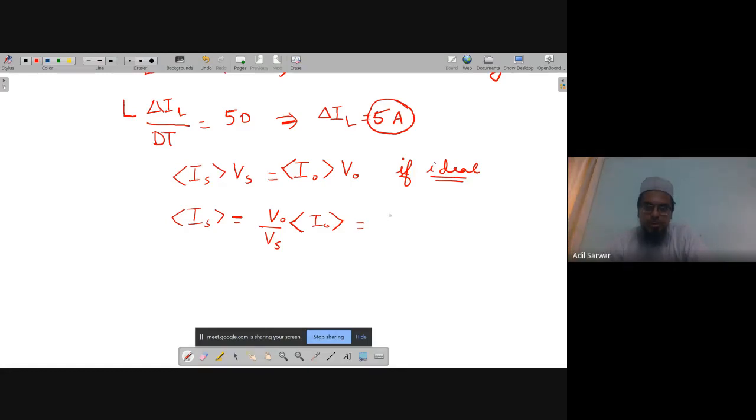VO by VS, where VO is the output voltage and VS is the input voltage. I can write it here as D upon 1 minus D times the average output current, and the average output current will be given by VO upon R, since it is constant.